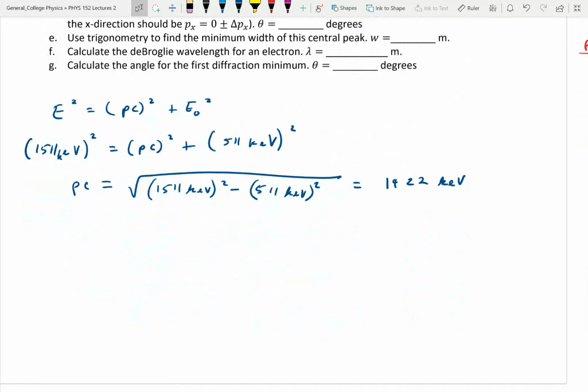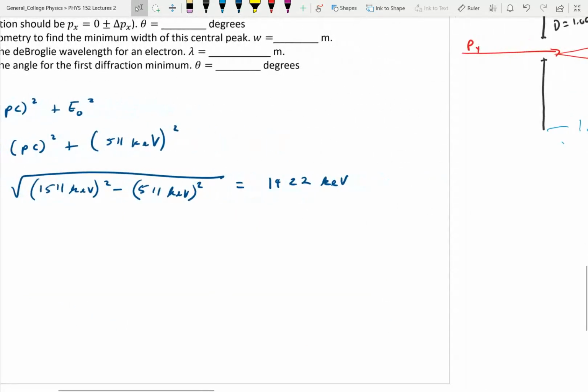Well, I'm going to want this in joules, so I'm going to change it right now into joules. So multiply again by 1.602 times 10 to the minus 19 coulombs per electron, and times 1,000 electron volts per kiloelectron volt. So I just want to get rid of the K. Cancel those E's.